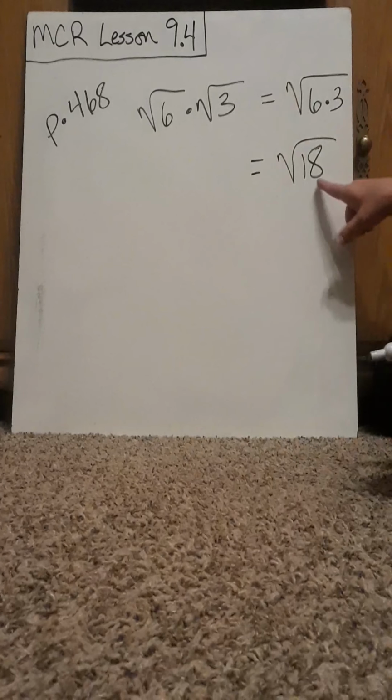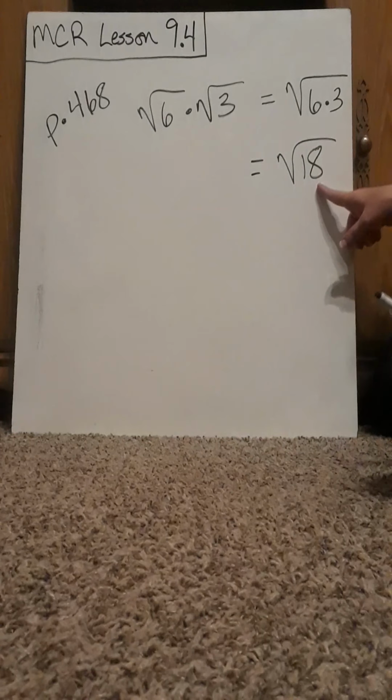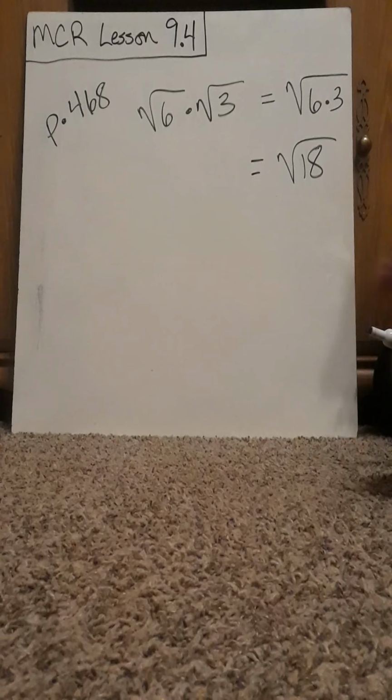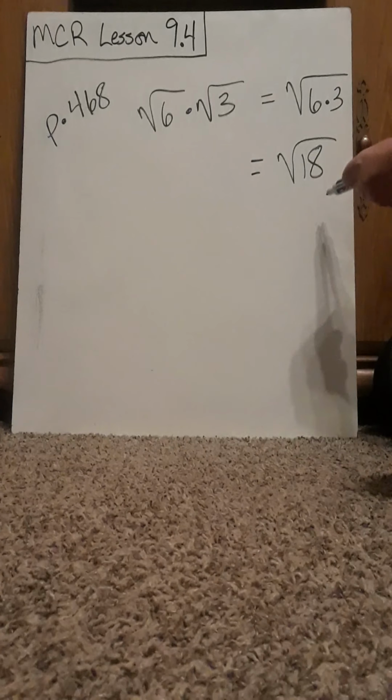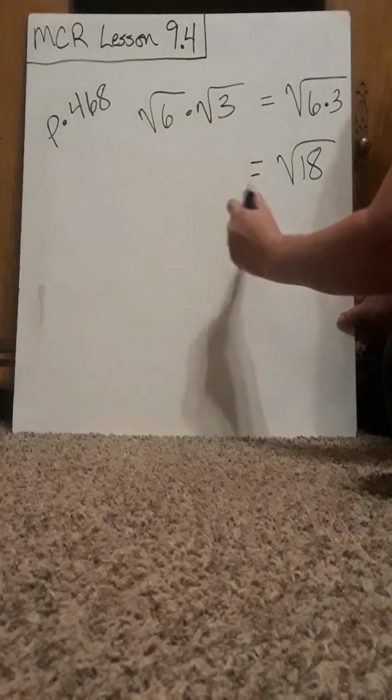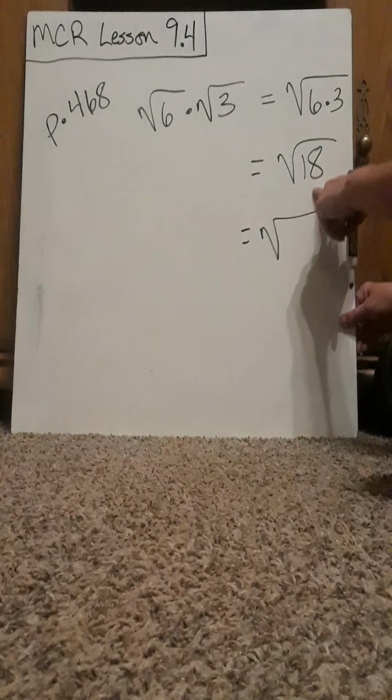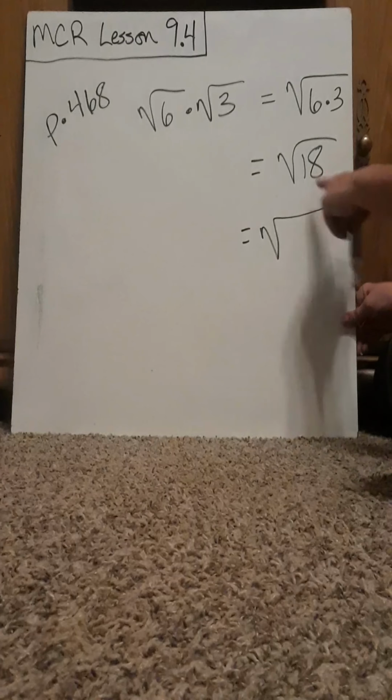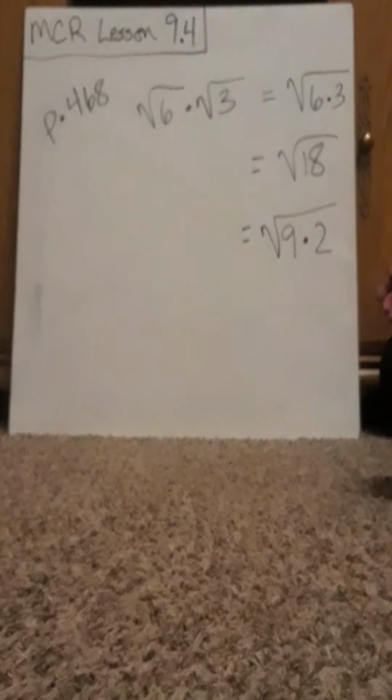And then don't forget, once you've done the multiplication, you always want to simplify if you can. That's something else that we've learned how to do in a previous lesson. So we're really taking all these skills that we've been learning the last couple weeks and putting it all together. Quick refresher on simplifying a radical: you look for a factor of the number that's a perfect square. 18 is not a perfect square itself, but it does have a factor that's a perfect square, your 9.